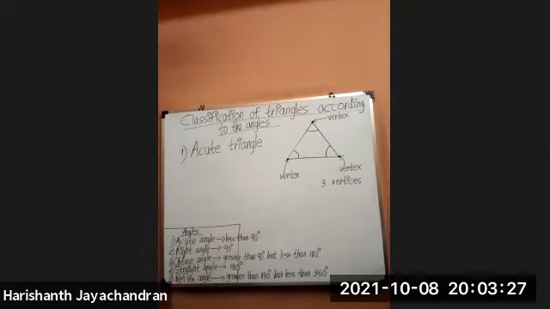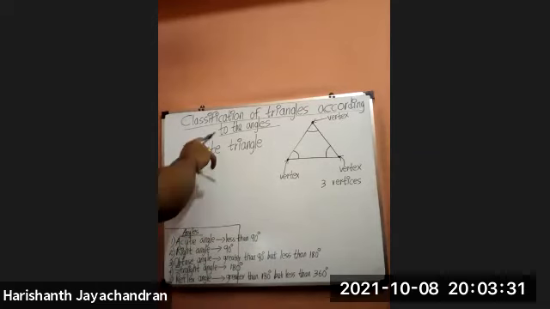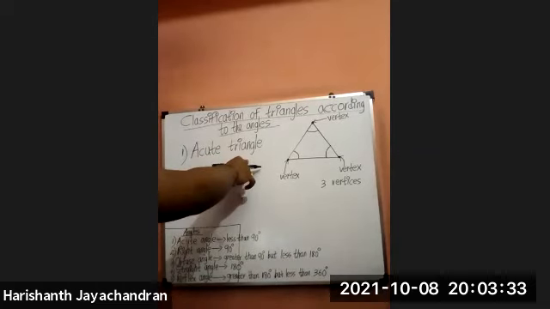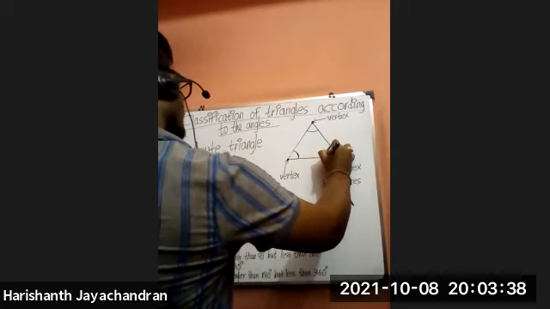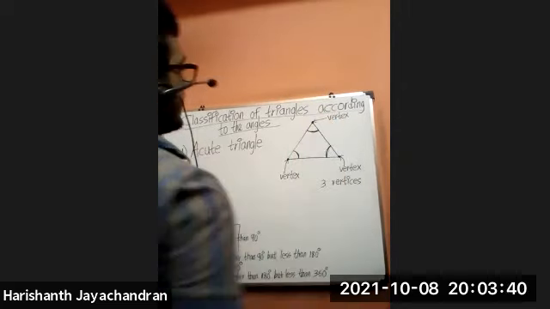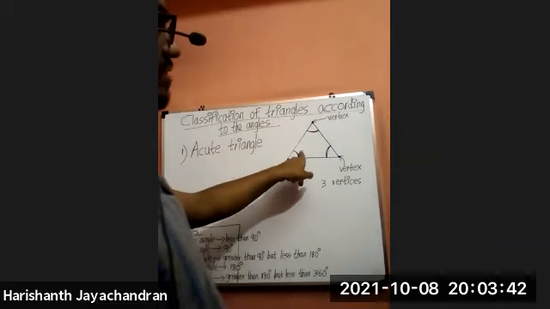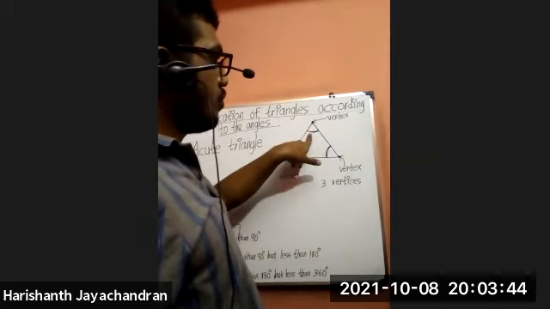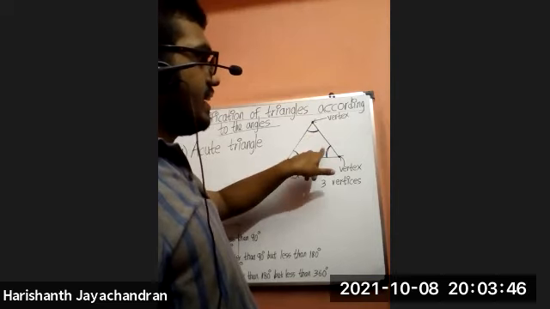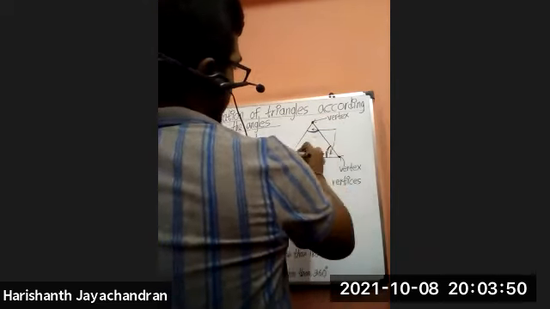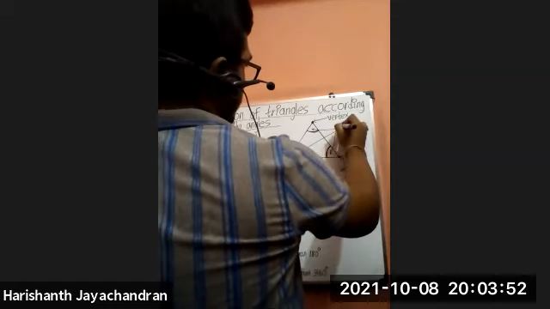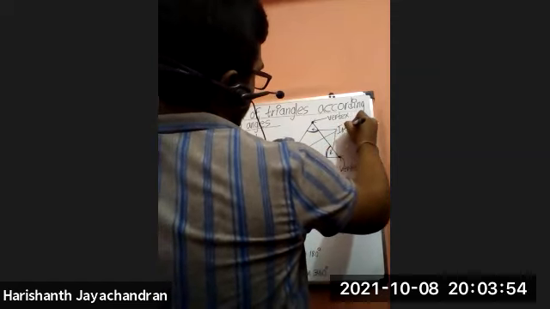So I hope you all have gotten a bit of an idea now. Acute angle is less than 90. So when we say acute triangle, we can call these angles the interior angles, which means these angles are placed inside the triangle. So we would call these three angles interior angles.